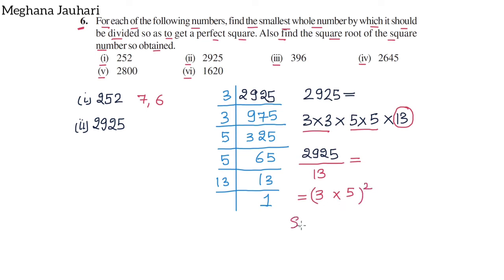So the square root of 2925 divided by 13, that is equal to 225, is 3 times 5, as we only need to pick one number out of each pair, so that is 15. Hence we have found our square root, and yes, 15 square is equal to 225. It means that our answer is correct. So we'll write 13 as the smallest number and 15 is the square root.